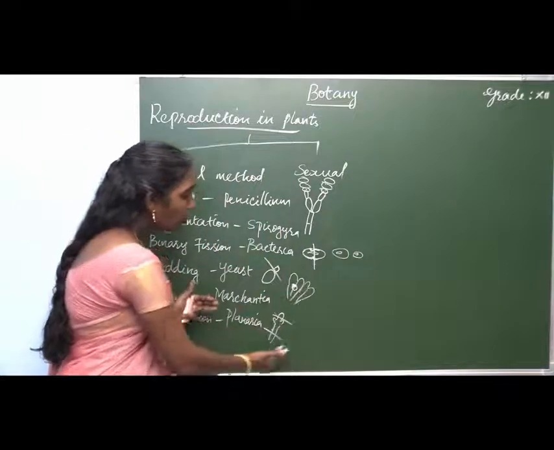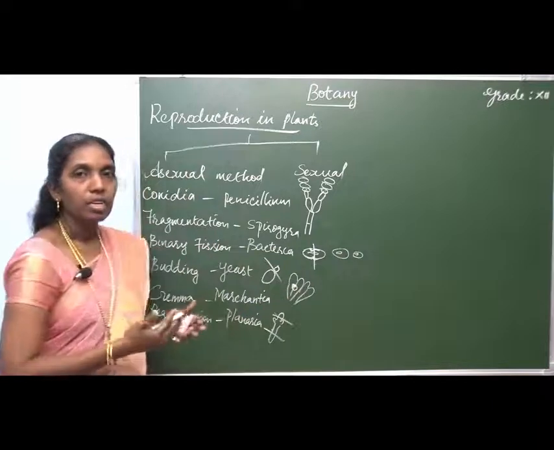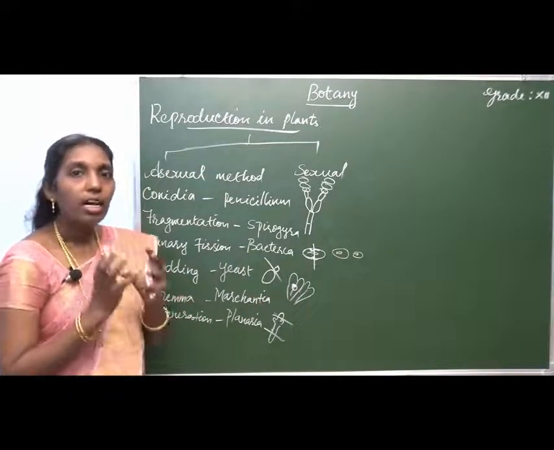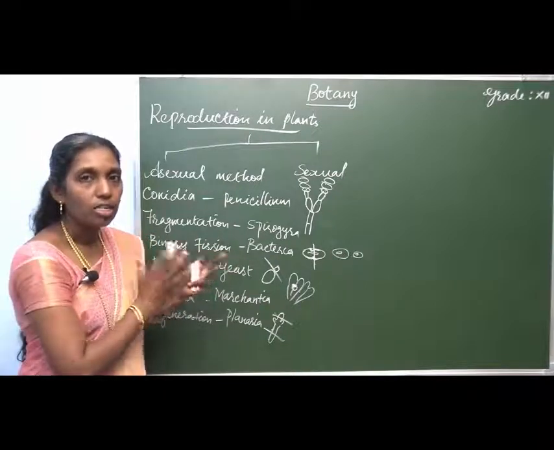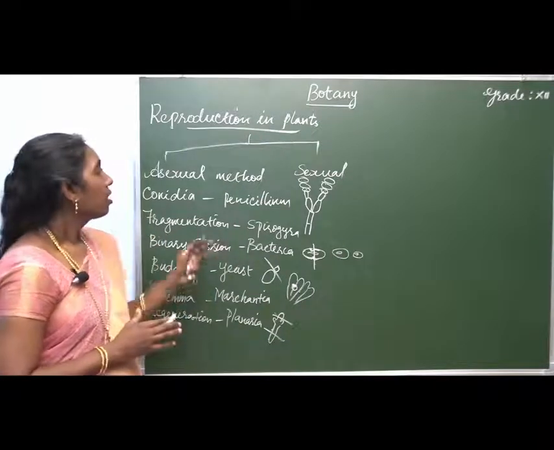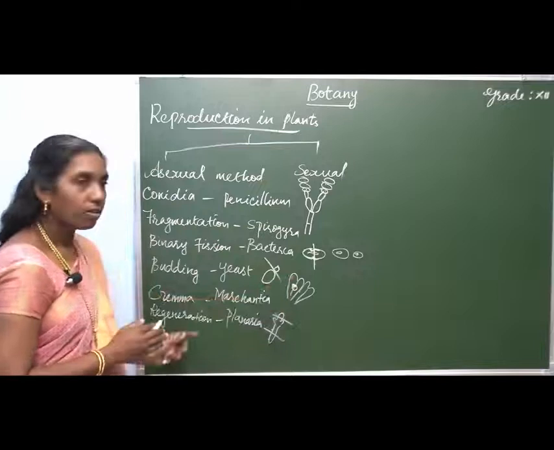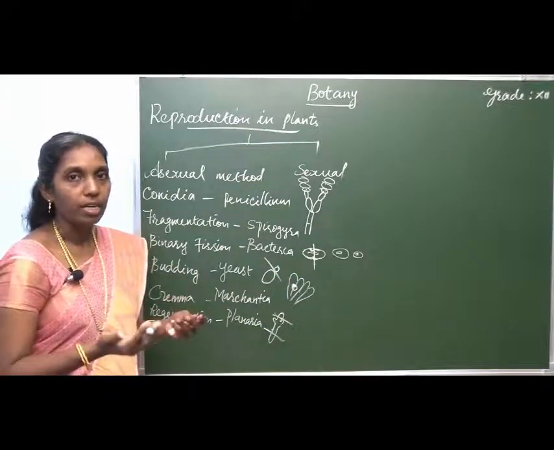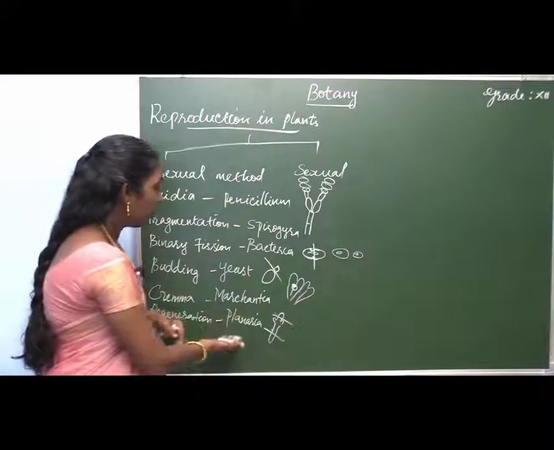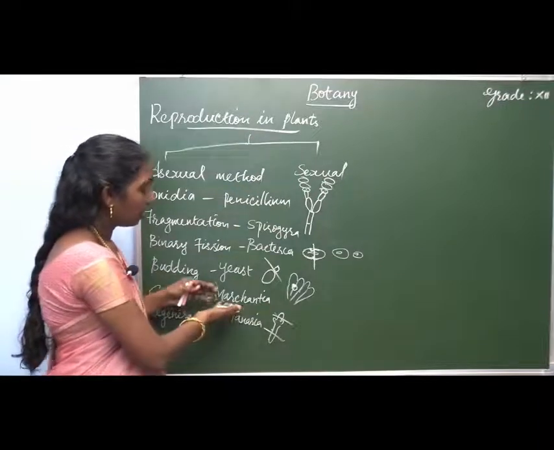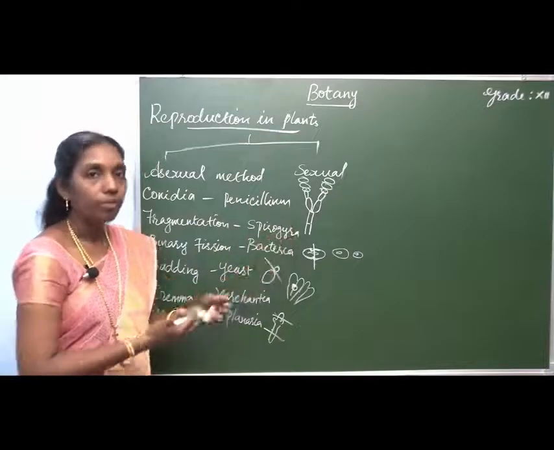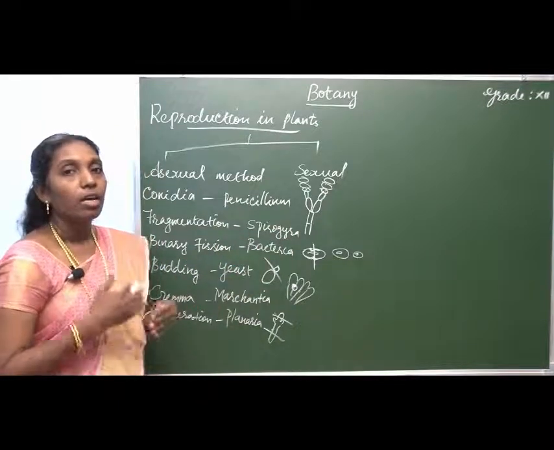The young ones formed by these methods are morphologically and genetically identical. So, they are called clones. All these methods are observed in lower forms of organisms. You know what the lower forms are? Fungi, bacteria, planaria, bryophytes and algae are lower forms of organisms.